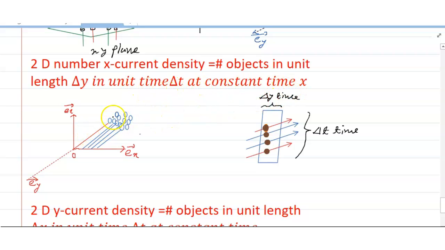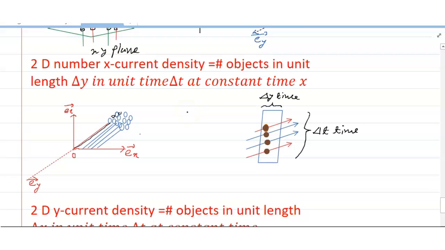I have already drawn the 3-dimensional figure with t, x, and y axes, and the particles are moving this way. We see four objects passing through in unit del y and del t.